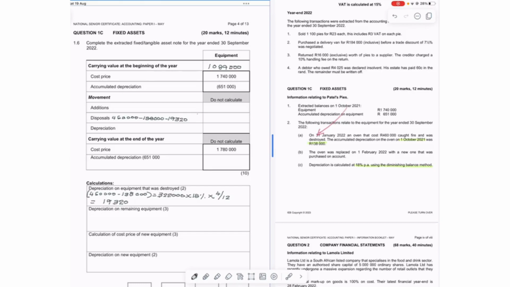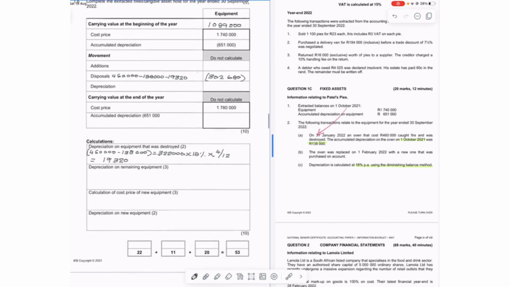So the carrying value of this oven was 302,680. And we need to put that in brackets.